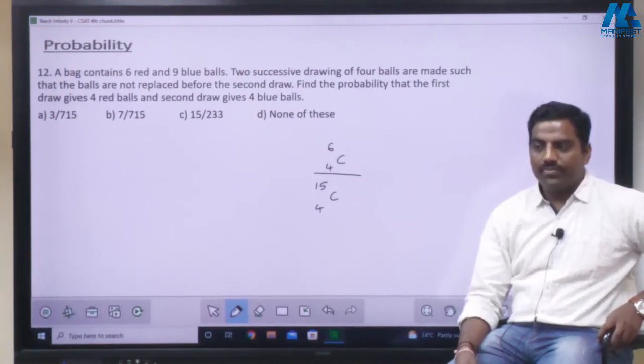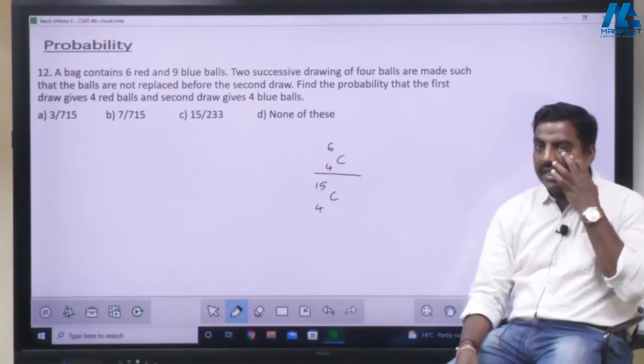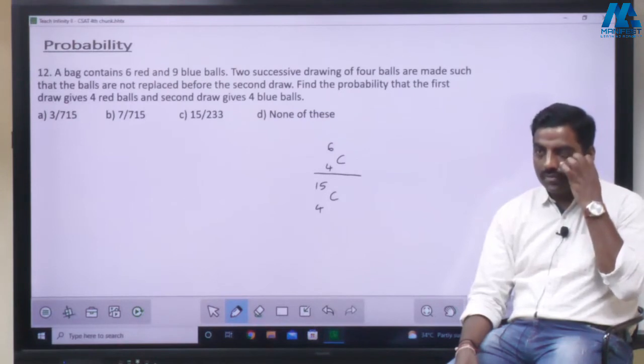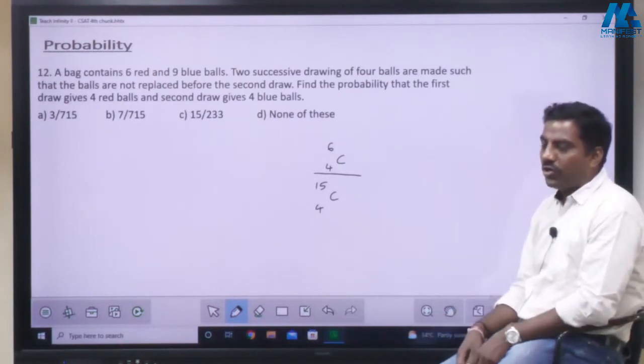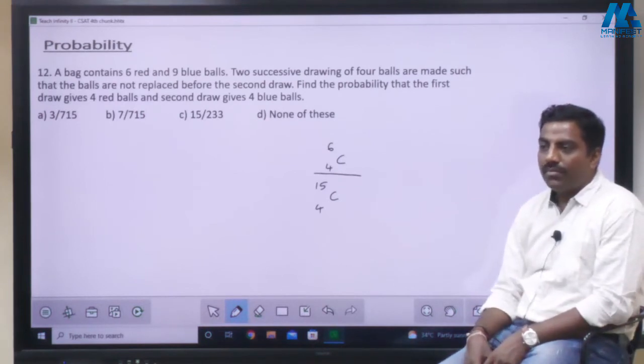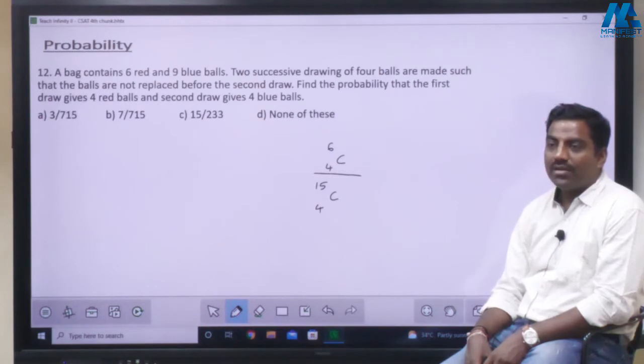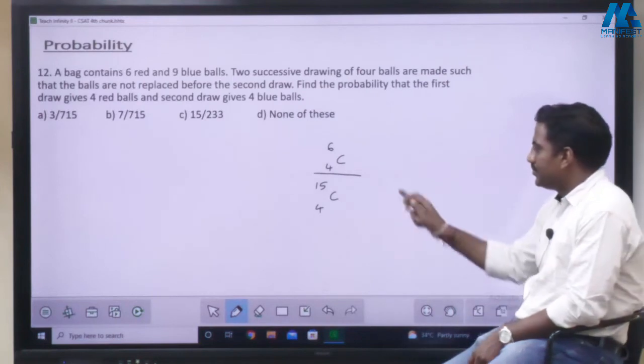In the next draw, how many balls are you drawing? 4 balls, sure? But how many balls are remaining now? 11 balls are remaining, right?